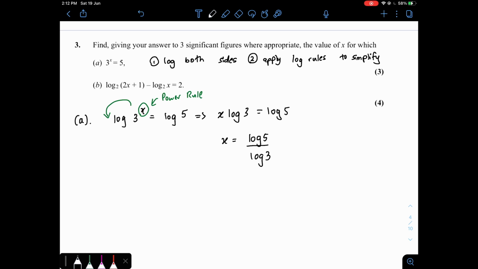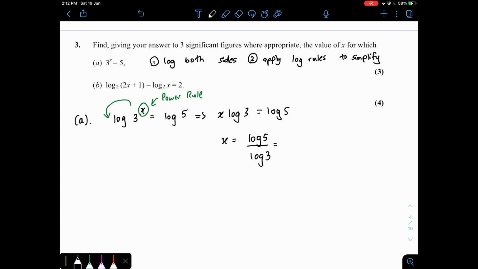Because they want it in 3 significant figures, you go to your calculator and write log 5 over log 3. I usually write one more significant figure than required.